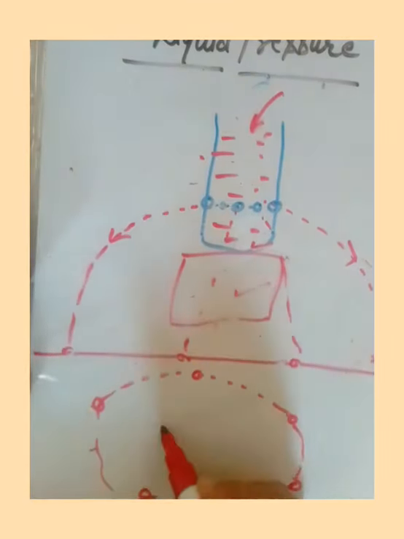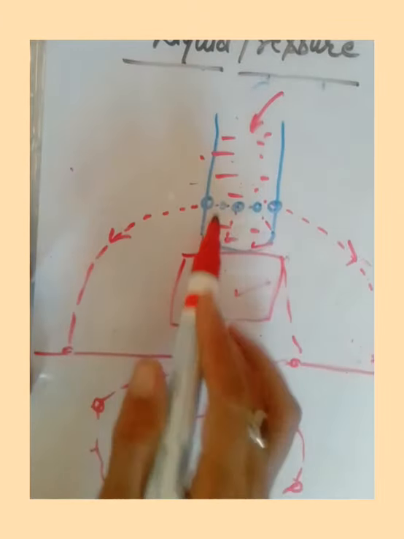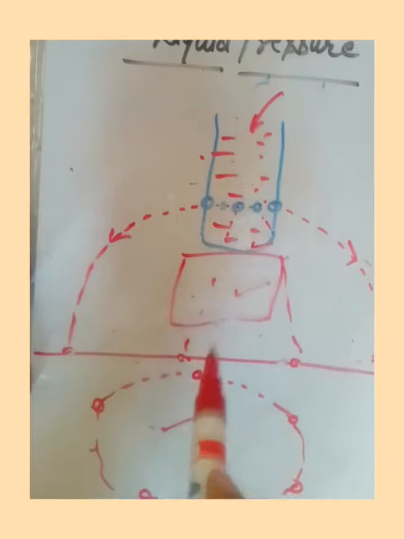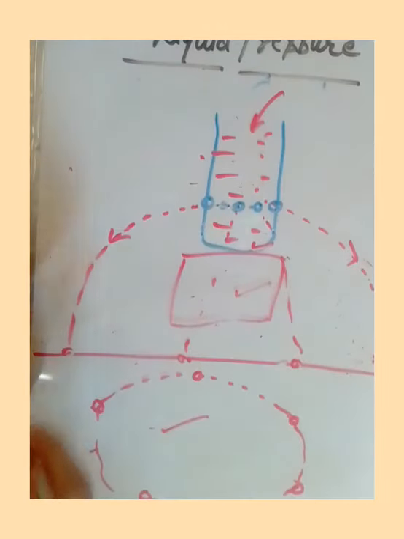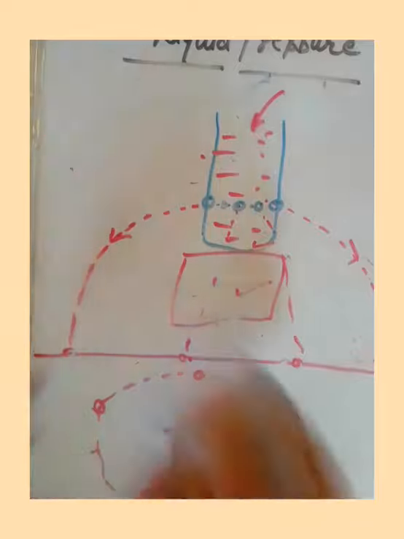So what does it mean? It means that the liquid pressure is transmitted equally in all directions, and the same at a given horizontal level. This activity indicates that liquid pressure is transmitted equally in all directions. Okay? So perform all these activities.